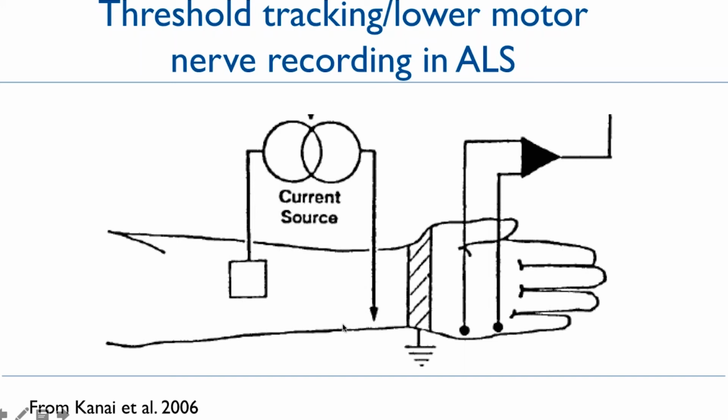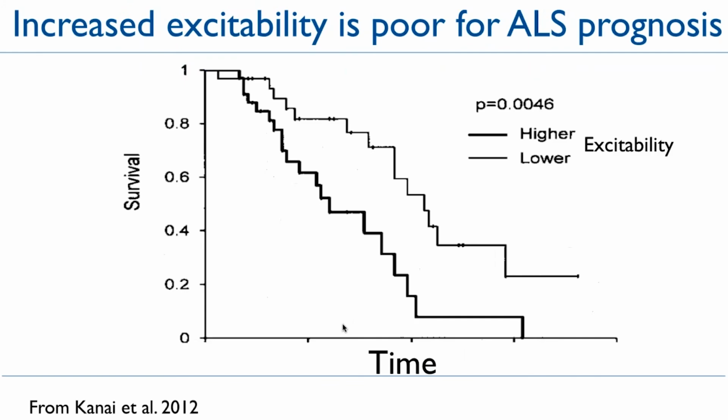And both here in Japan and also in Steve Busick's study, in which they looked in the cortex of ALS patients, they found a striking correlation between the extent to which the motor system is excitable in these patients and the ultimate prognosis.